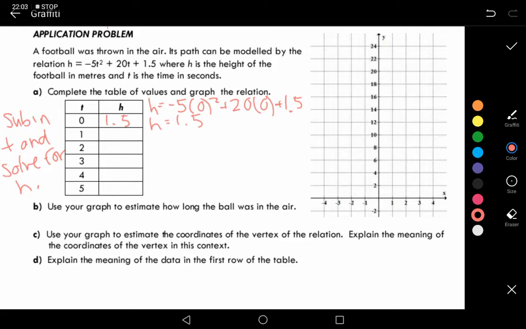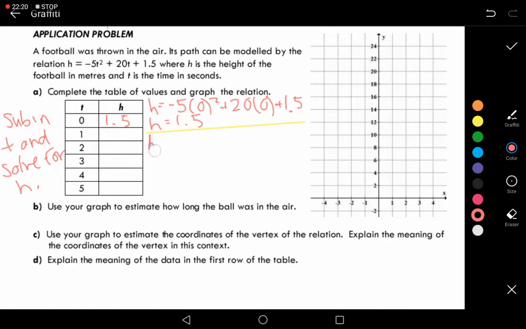Next I have to find h of 1. I'm just going to draw a line between so I can separate them. There we go.